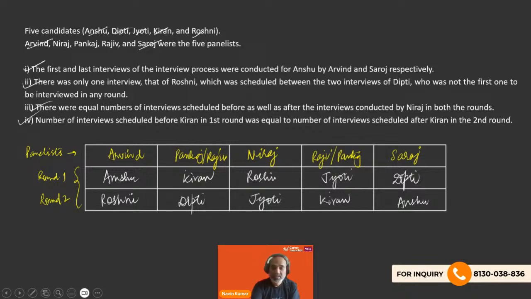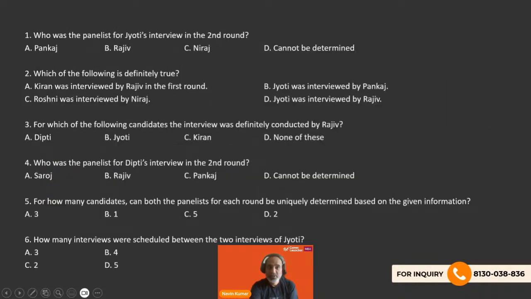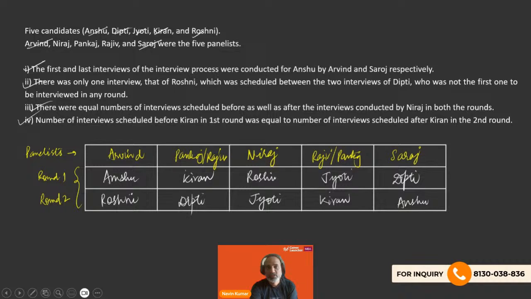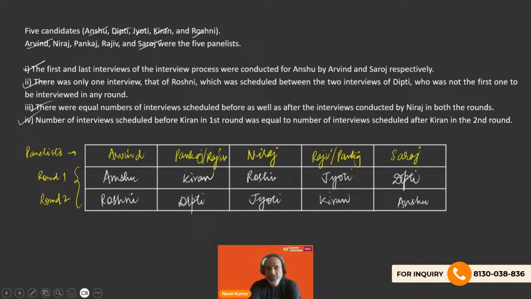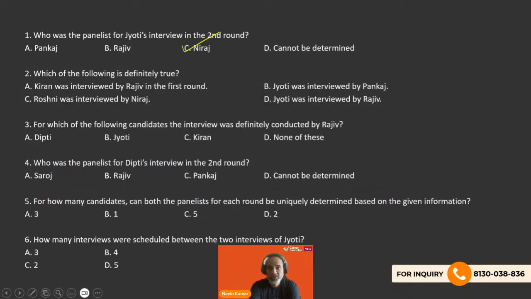Okay. Now, let's go back to the questions and try to solve them. Who was the panelist for Jyoti's interview in the second round? For Jyoti's interview in the second round, it's definitely Neeraj here, right? So, Neeraj. Second, which of the following is definitely true? Kiran was interviewed by Rajiv in the first round. Kiran was maybe interviewed by Rajiv in the first round, or it may be by Pankaj, don't know.